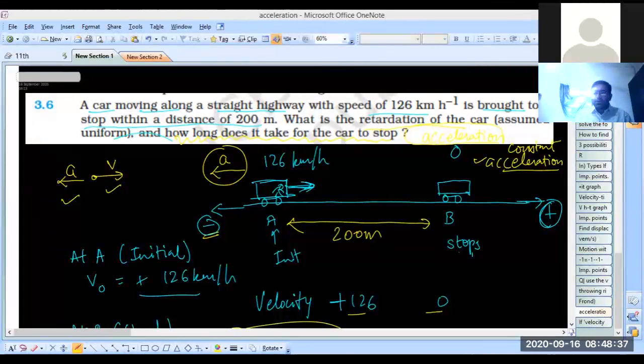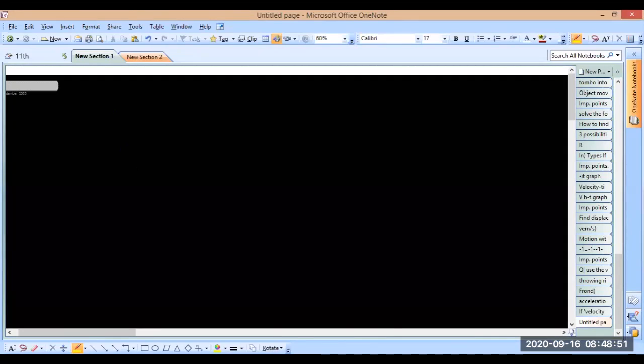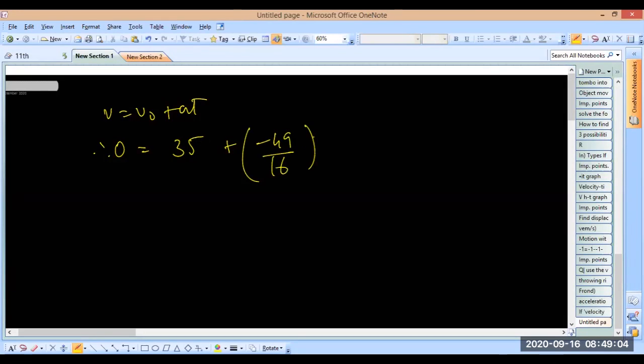So it's going to be about 11.4 seconds, correct? That's what most of you are getting. Okay, Pinak, you're getting a different answer. That's very interesting. I'll take a moment to do it. Here we go. v equals v0 plus at, so 0 equals 35 plus minus 49 by 16 into t.